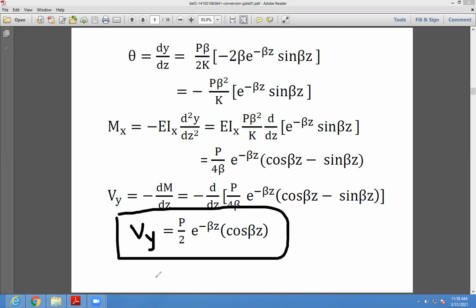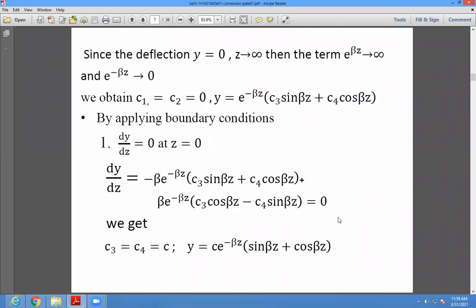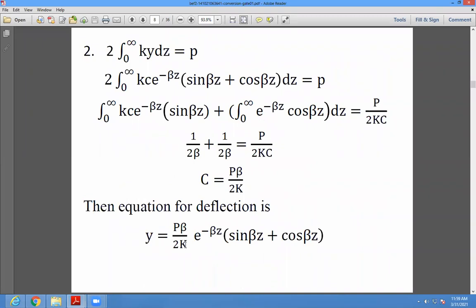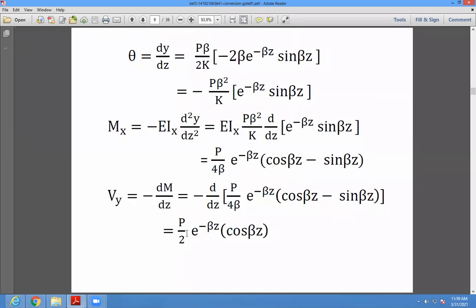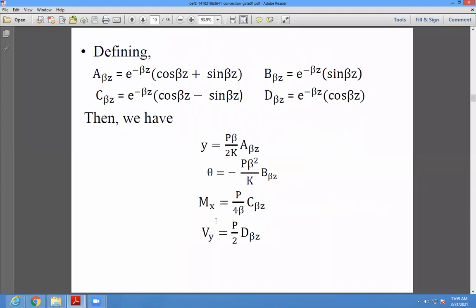These are the equations of your deflection. Y is nothing but deflection, theta is slope, moment M, V is shear force, right?